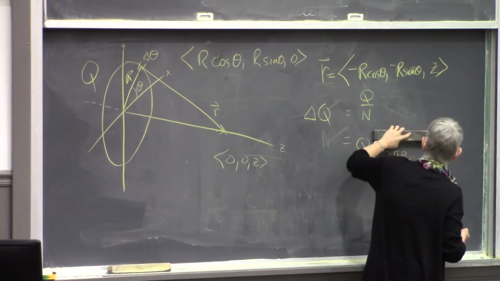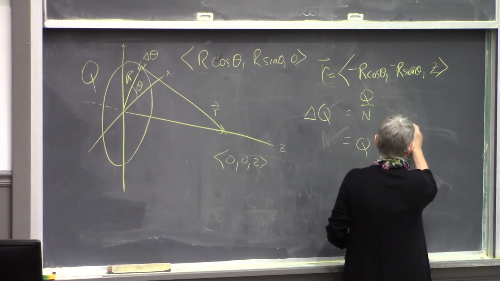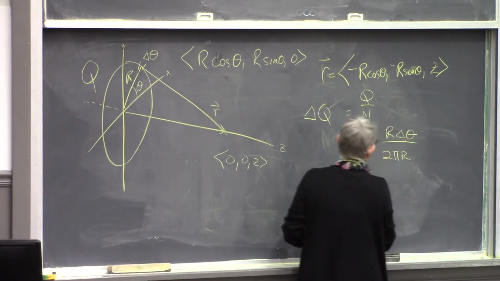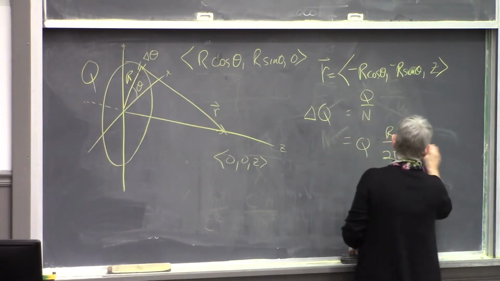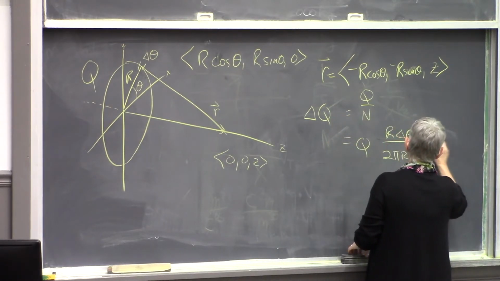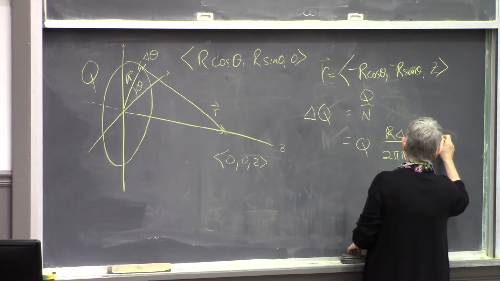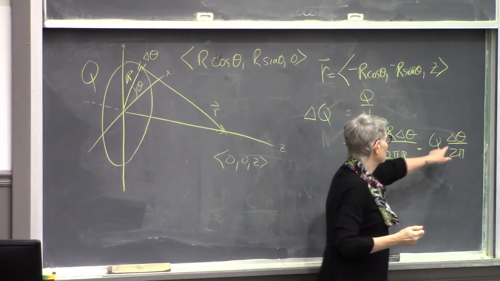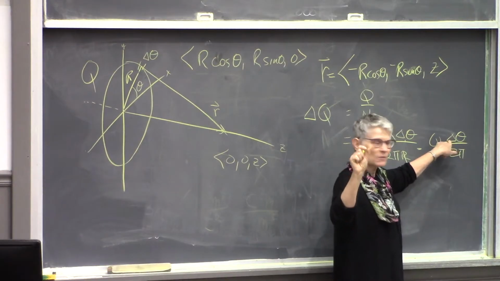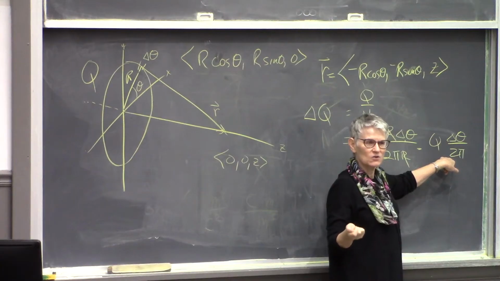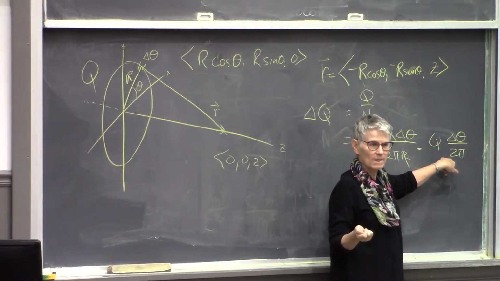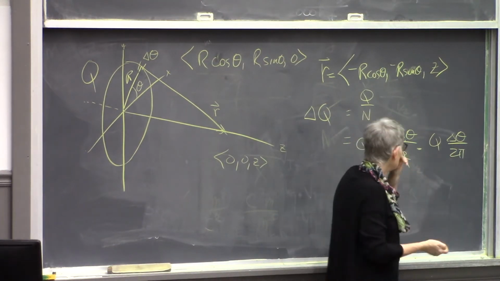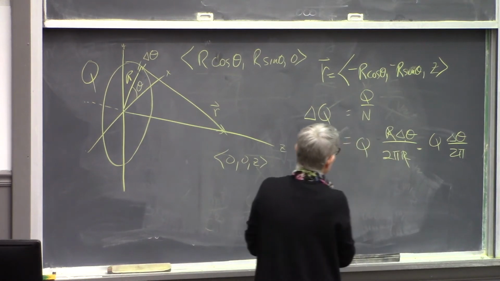So this is just equal to r delta theta over 2 pi r, the r's cancel, and we get Q times delta theta over 2 pi. So this is the angular length of the piece, and this is the number of radians in a circle, right?